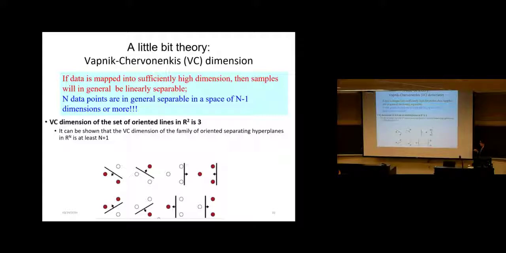So, for example, this is the first combination: 1 is white, 2 are yellow. You can always find a separation line, right? The other case is 2 white, 1 red. This is the case of 3 white. This is the case of 3 red. And this is the other case also.